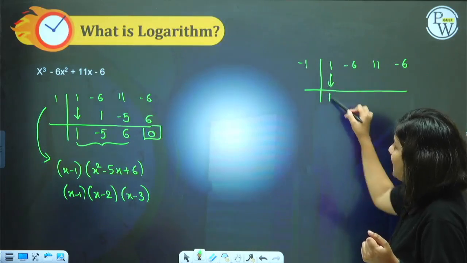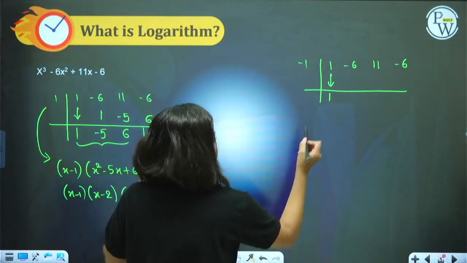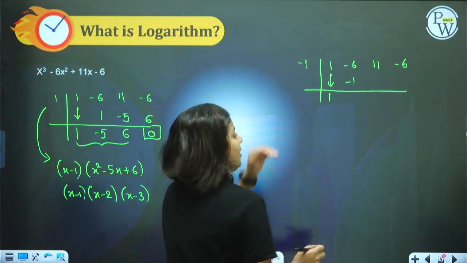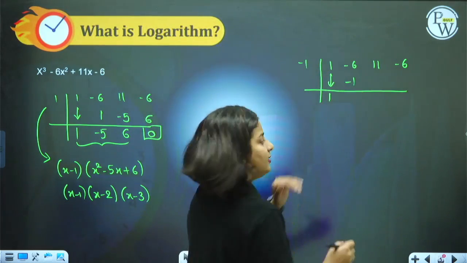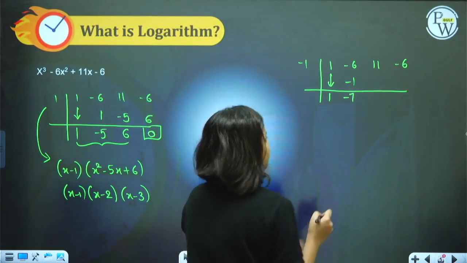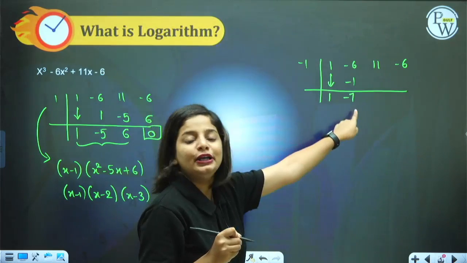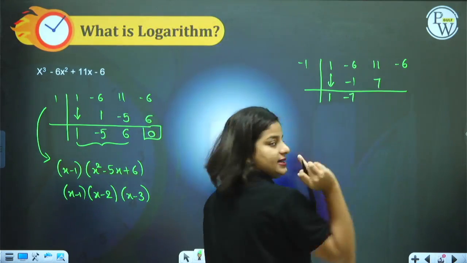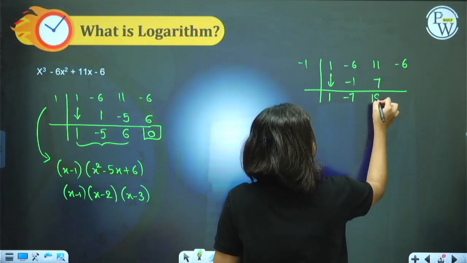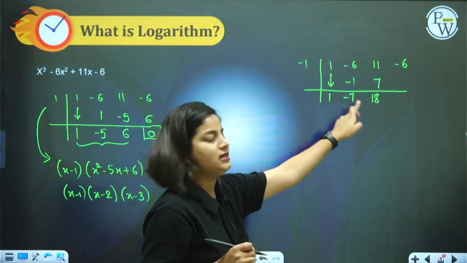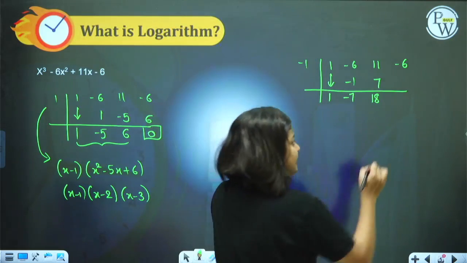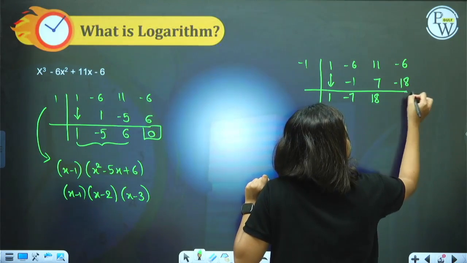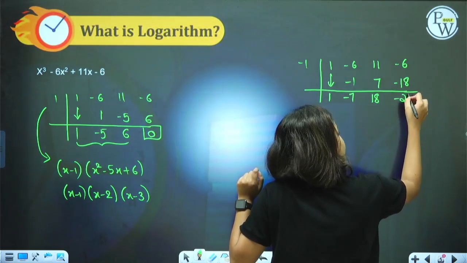Second, multiply minus 1 into plus 1 is minus 1. Minus 6 minus 1, minus 7. Multiply minus 1 into minus 7, plus 7. 11 plus 7, 18. Cross multiply, minus 1 into 18, minus 18. And minus 18 minus 6 will be minus 24.